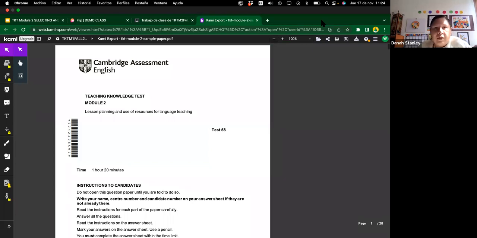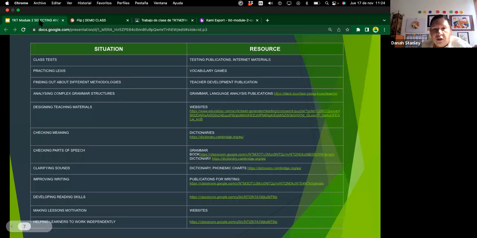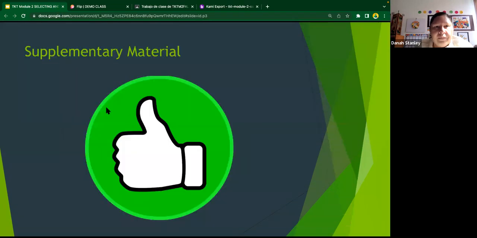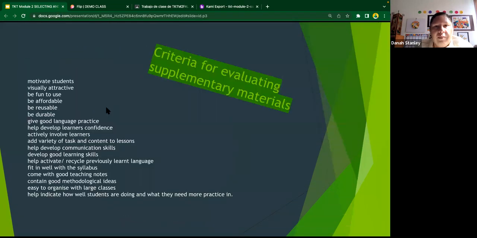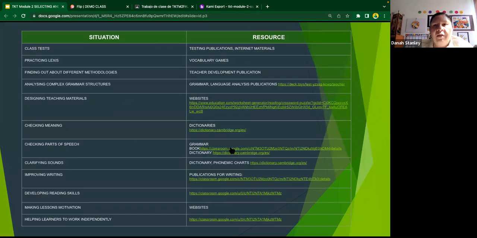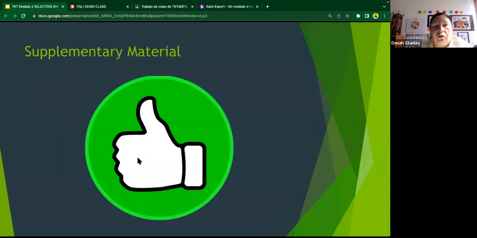I use these ones because I really like using technology. When I find a new platform, I start playing and clicking on everything. And I have used some of these for more supplementary material. So these are the resources I can use.